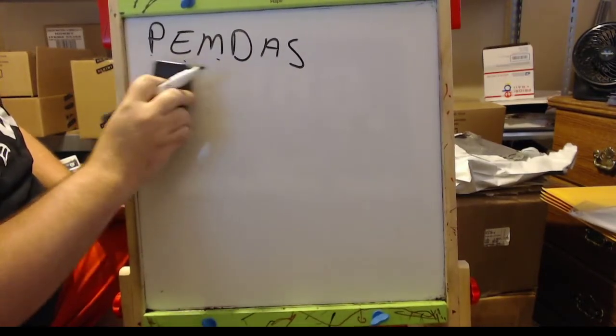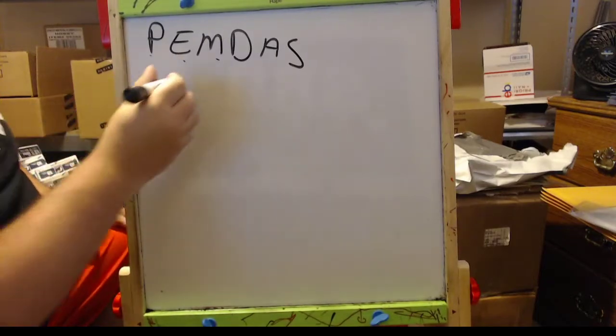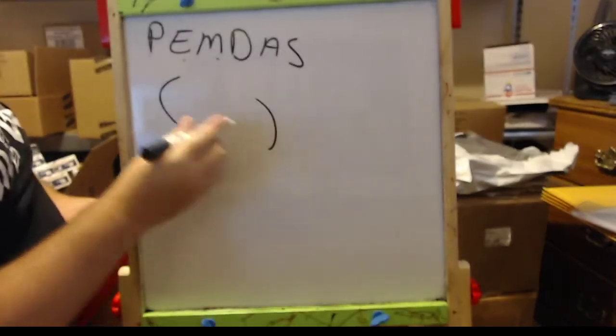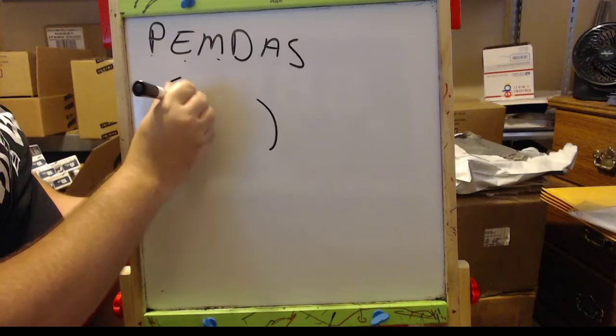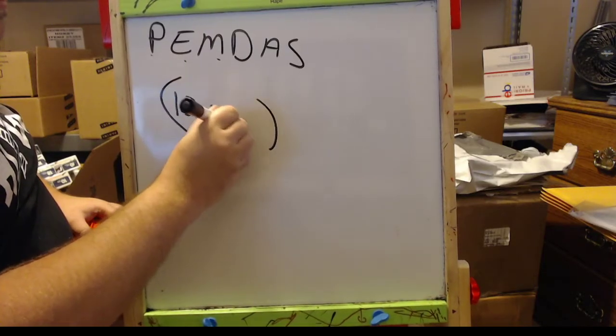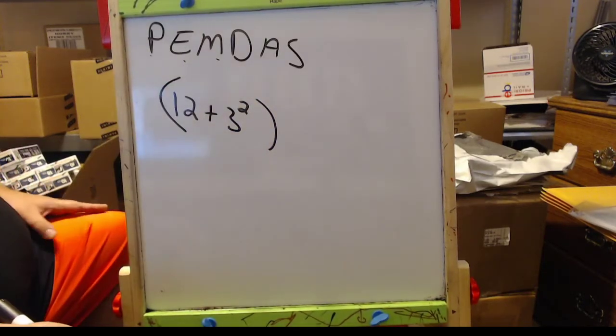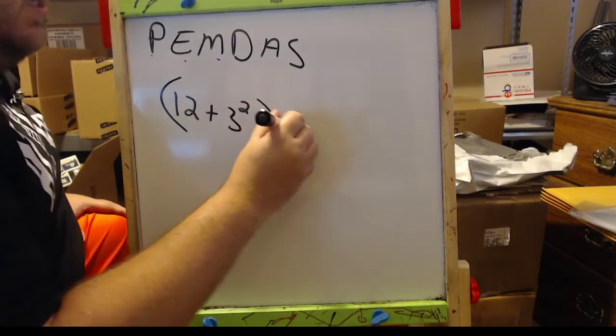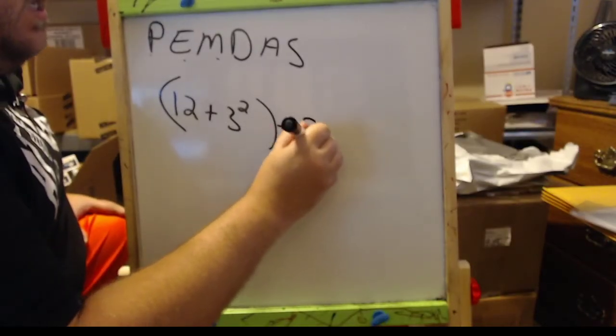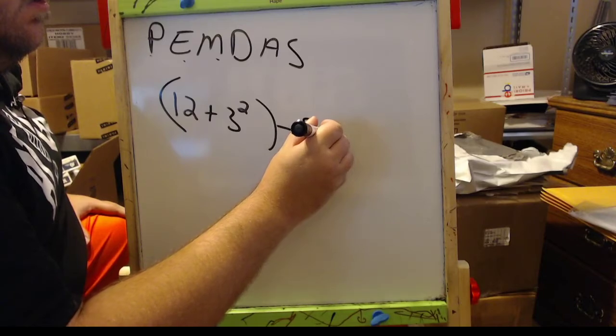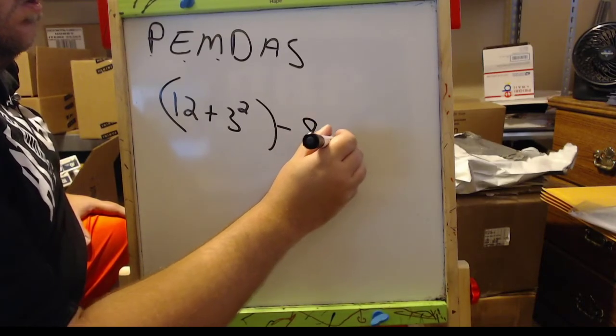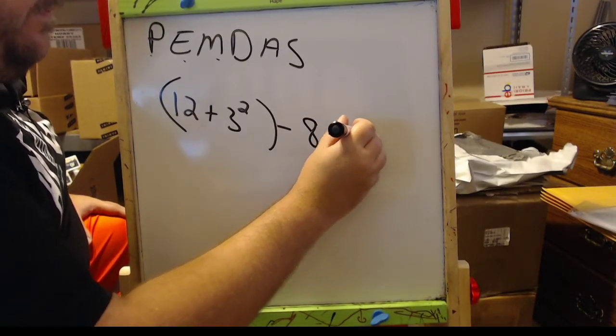Now we can even get crazier here, and we can get our parentheses, and let's say we had 12 plus 3 squared minus 8 times 2.